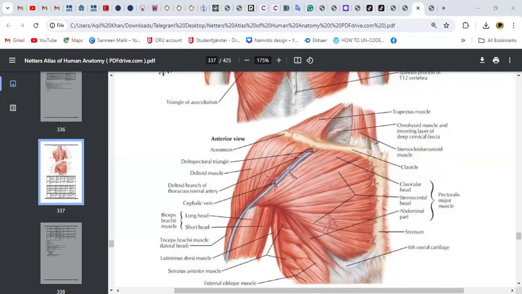Right. And they arise from the muscular tendinous cuff around the glenohumeral joint. So all these four muscles contribute to the formation of the rotator cuff, right?